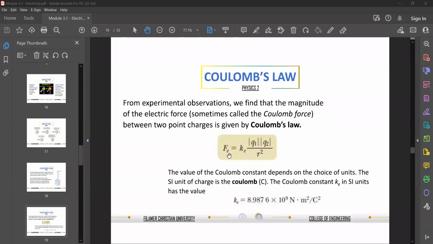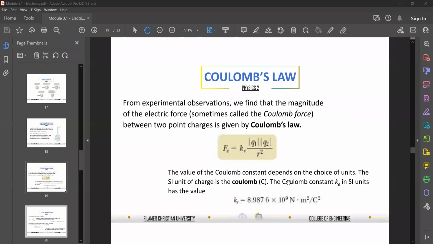So that is Fe equals k, where k is a constant, the Coulomb constant, multiplied by the ratio of q1 q2, the charges of the two objects, divided by r squared, the distance between the two charges.